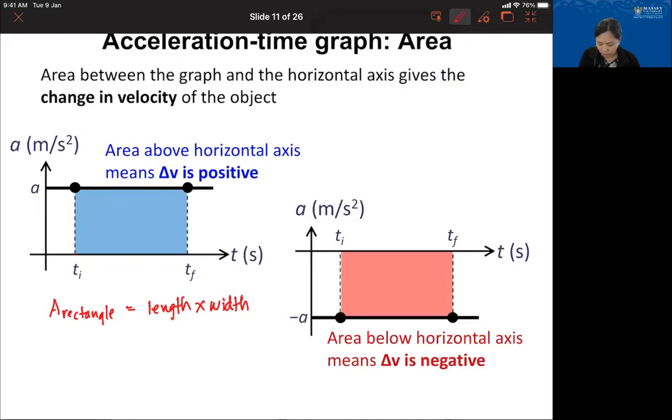The length will be TF minus TI. That's the length. And multiply that with the width, which will be the value of your acceleration. So if it's a simple geometrical shape like a rectangle, you can easily calculate the area of that using one of the formulas that we've seen.